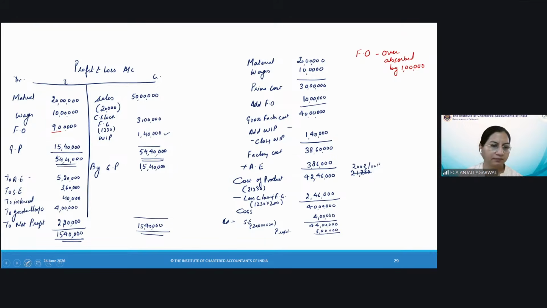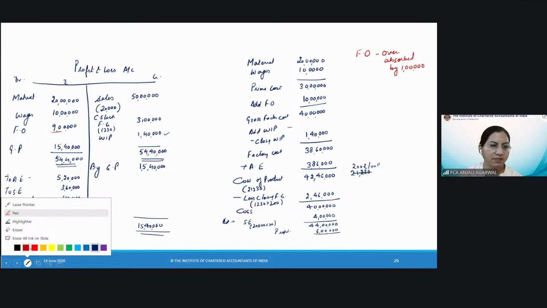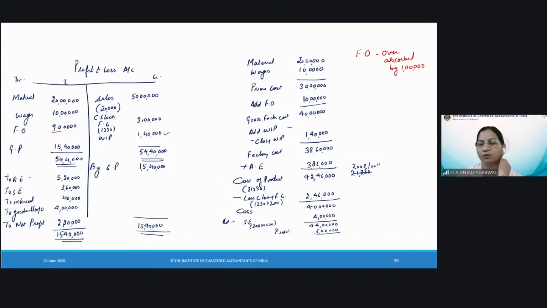And where are the differences? One, factory overheads were over-absorbed by 1 lakh. Administrative overheads are charged at 386 in one book, whereas in the other they are charged at 5,20,000. So another difference of 134. Administrative overheads are under absorbed.